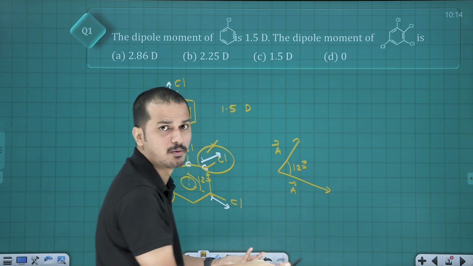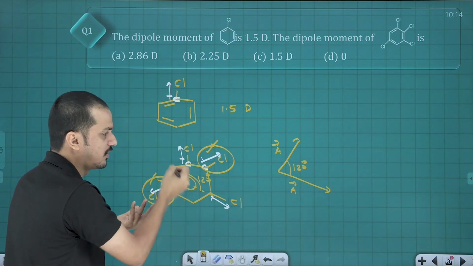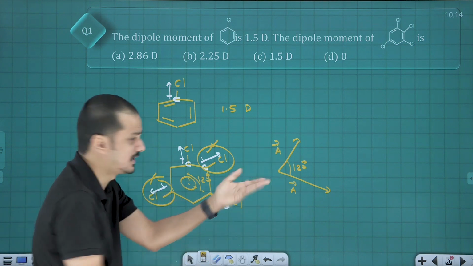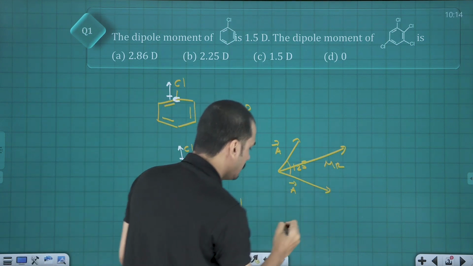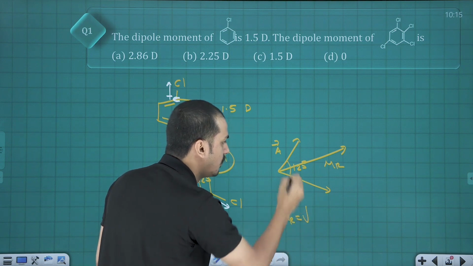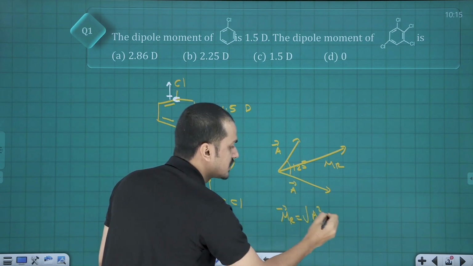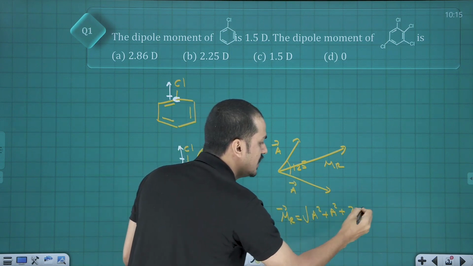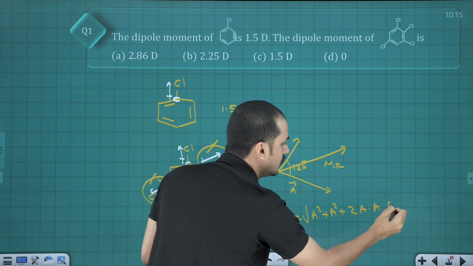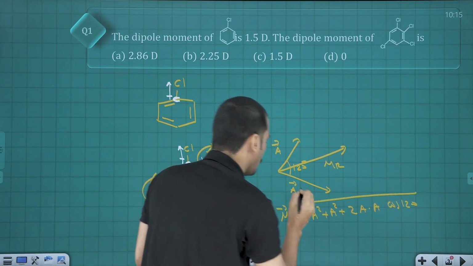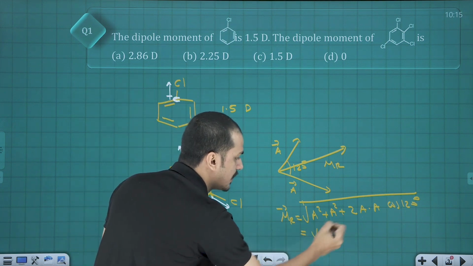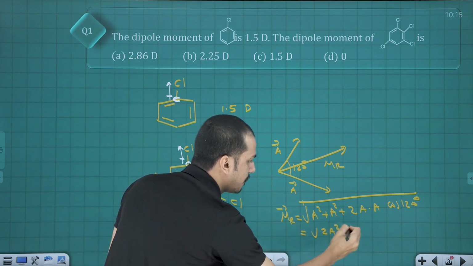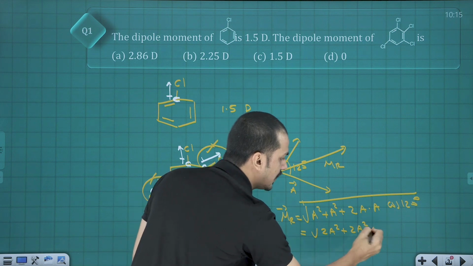So the net dipole moment, I am taking both as A. How will I find the result? The resultant will be in this direction. Mu resultant is equal to, what's the formula? Root of A square plus A square plus 2A into A cos theta, which means cos 120 degree. So root of A square plus A square, that is 2A square, plus 2A square into cos 120, which is minus 1 by 2.